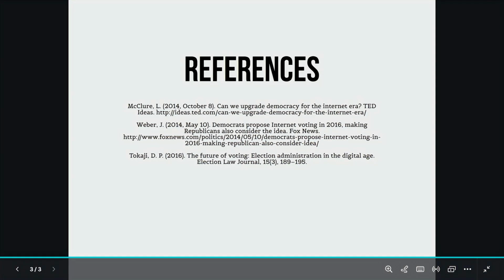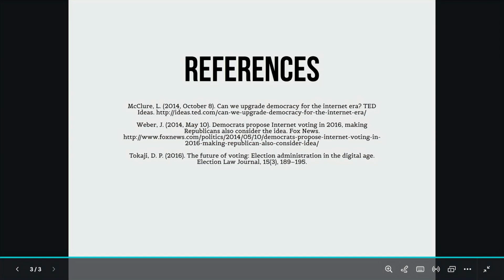After researching this topic, I learned that the internet has already changed the way people interact with politics. Today, citizens can access information faster, follow candidates online, and participate more easily in political discussions. However, I also understood that when it comes to elections, security and fairness are extremely important.